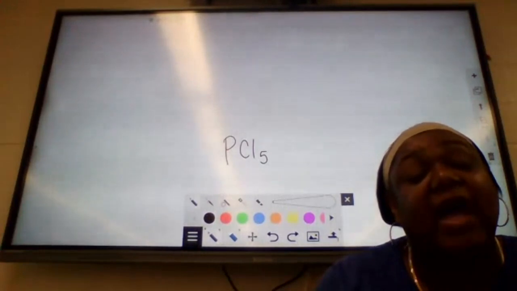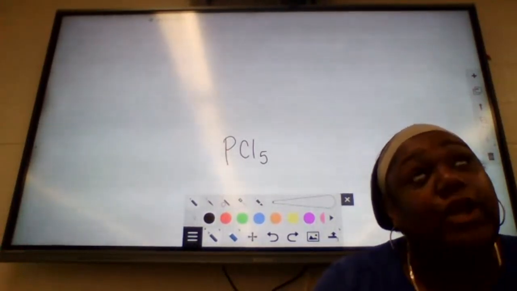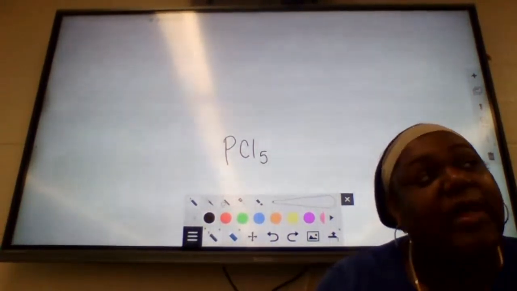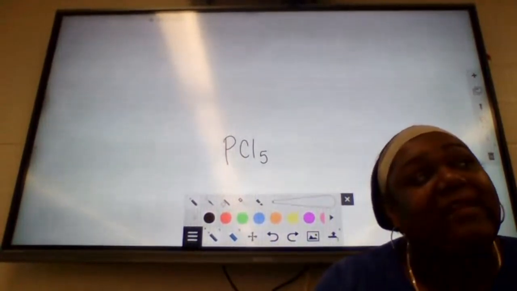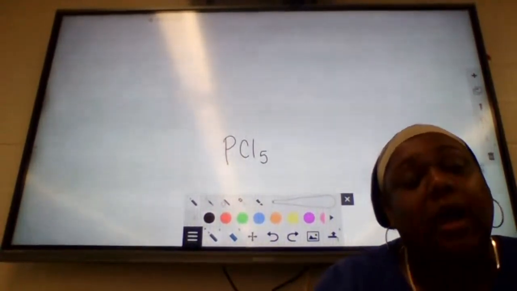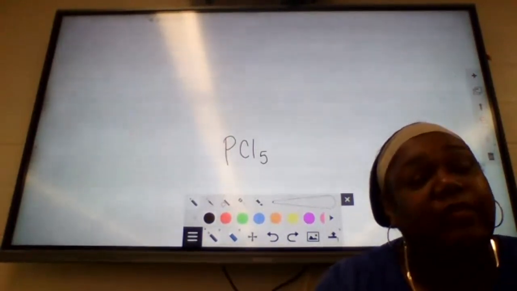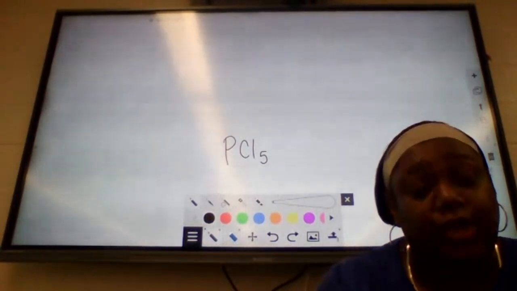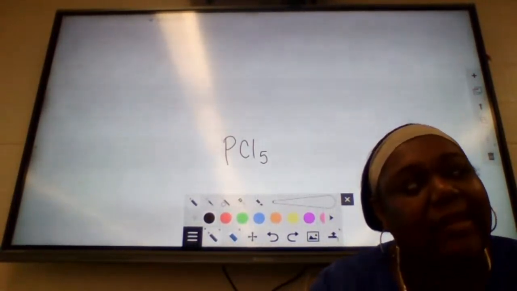Now, when can you have a hypervalent central atom? It is true that you can have a hypervalent central atom if that central atom is a non-metal in row 3, row 4, row 5, row 6, or row 7. So any of those elements that are in row 3 or higher can be hypervalent. Why can they be hypervalent?